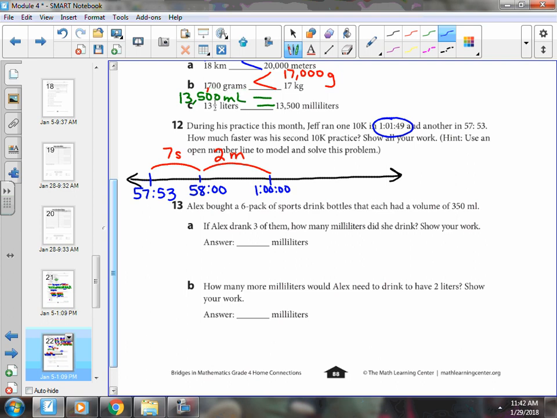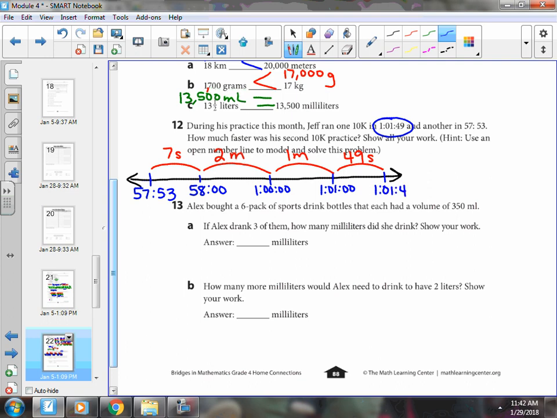And I'm supposed to be jumping up to 1 hour, 1 minute, 49 seconds. So I'll break it up and jump 1 minute to get to 1 hour, 1 minute. And then finally jump another 49 seconds. And that'll put me right at the other time for Jeff.